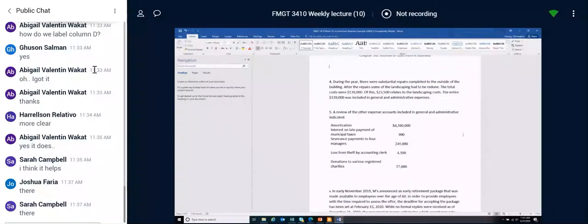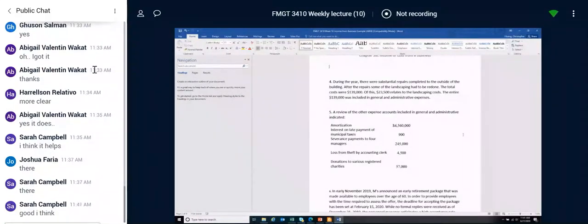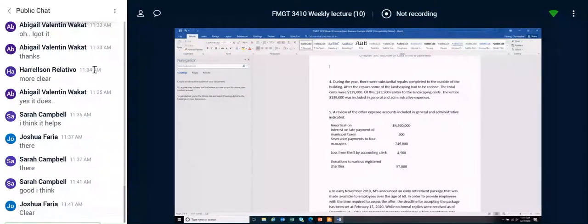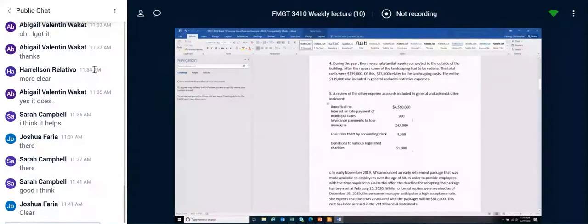Are you all good? And again, this is just something you're going to have to memorize. I'm not telling you that it's all logical. You're just going to have to memorize it. Anyway, so we'll move on.